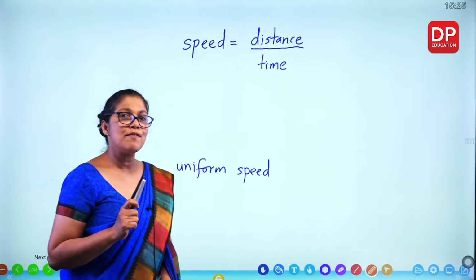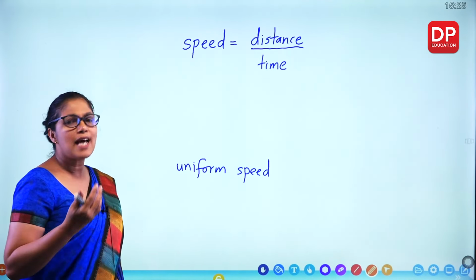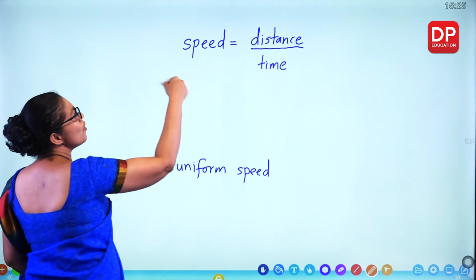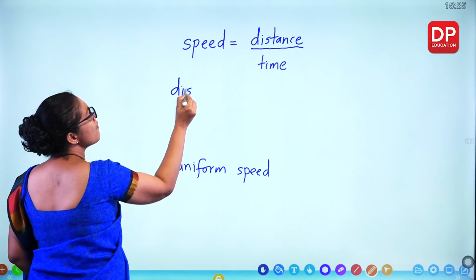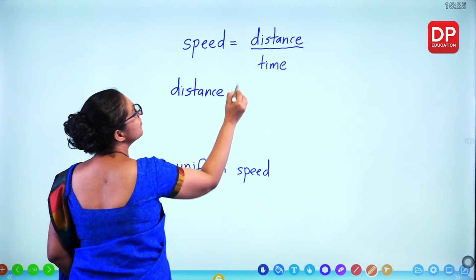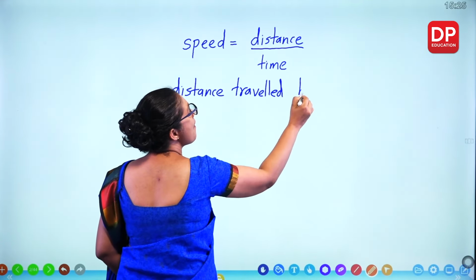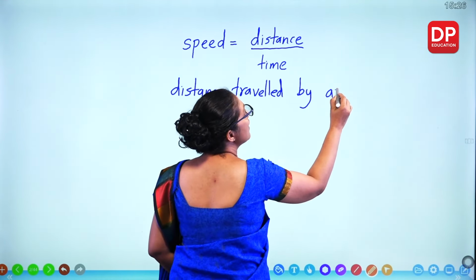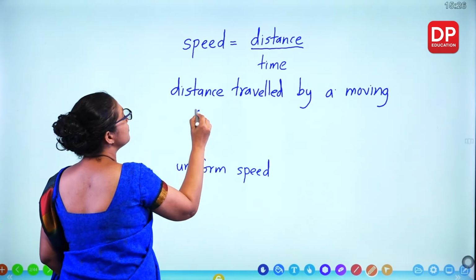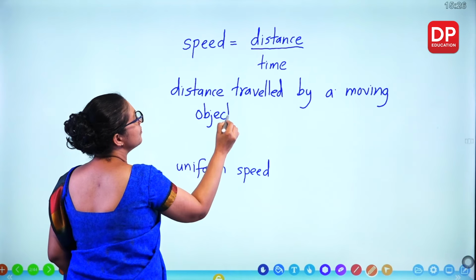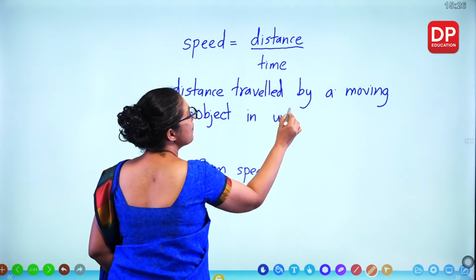Now, how can we find out speed? The distance traveled divided by the time taken. So, what's the definition of speed? Distance traveled by a moving object in unit time.